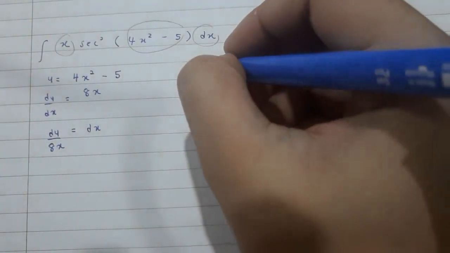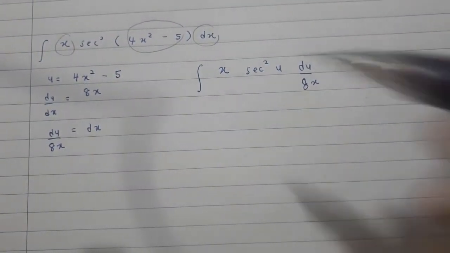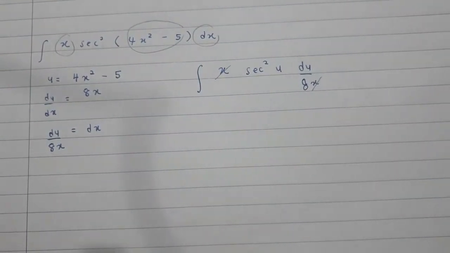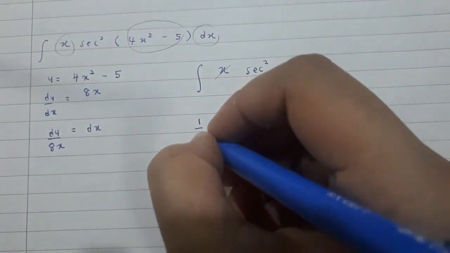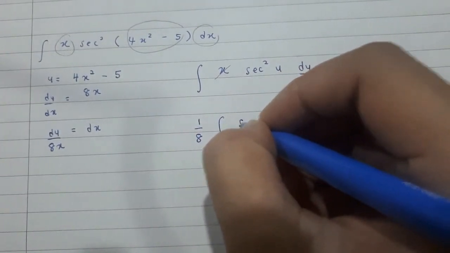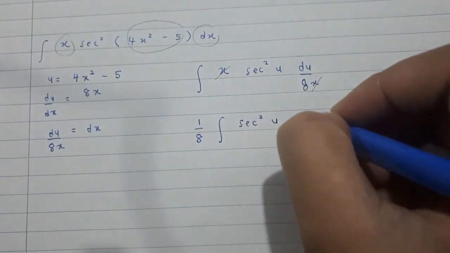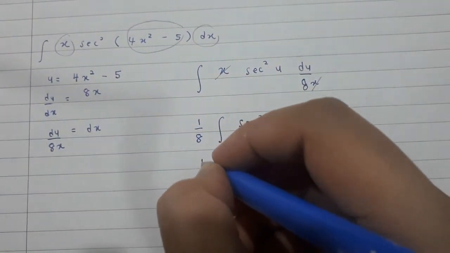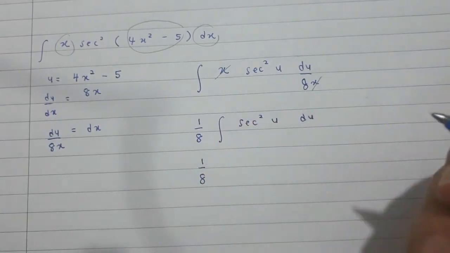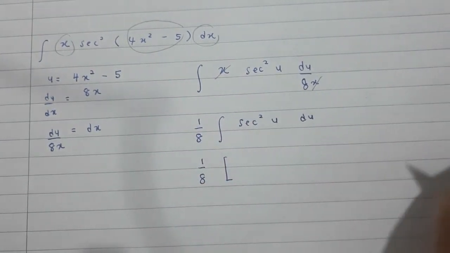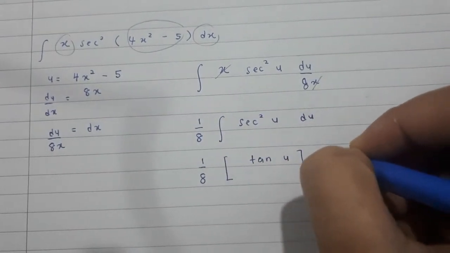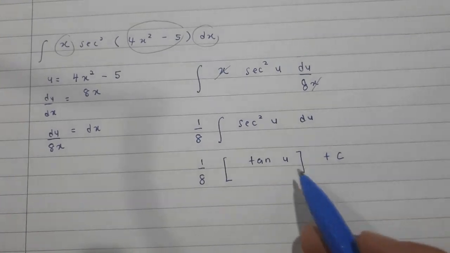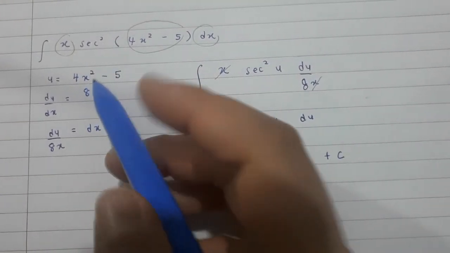And finally, let's insert x. Here we can see that we can cancel out x. And we can factorize it. So we have 1 over 8 integration of secant squared u du. 1 over 8 is the coefficient. Integrate secant squared u is tan u plus c. And as for the final answer, replace u by 4x squared minus 5.